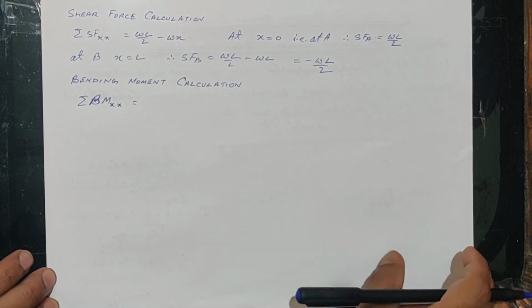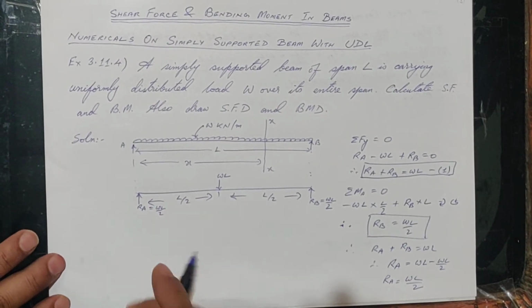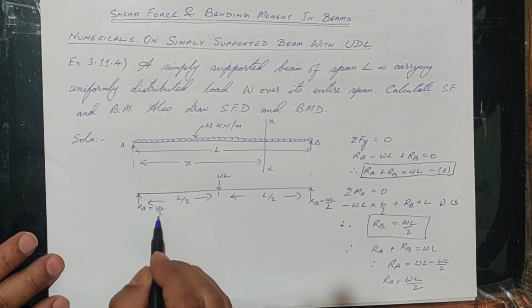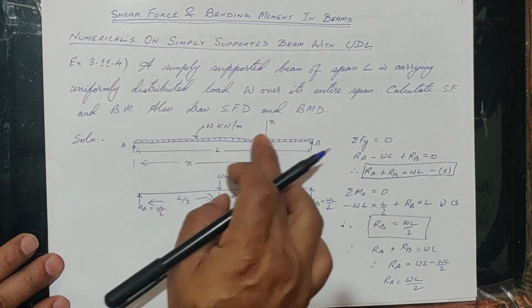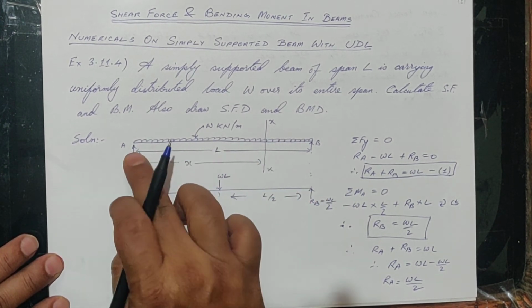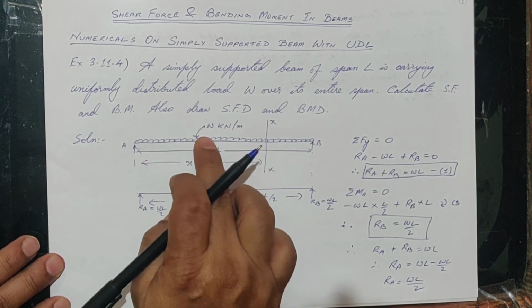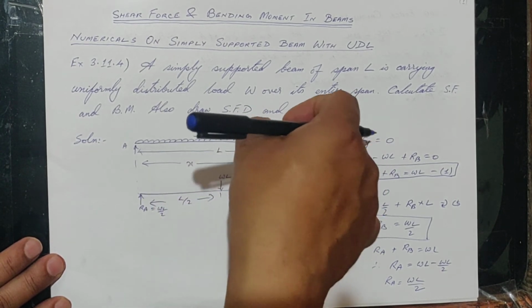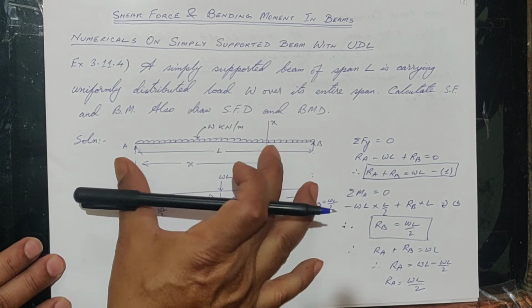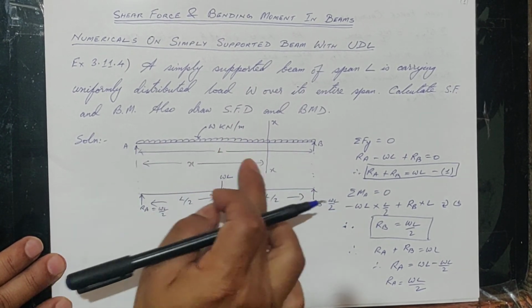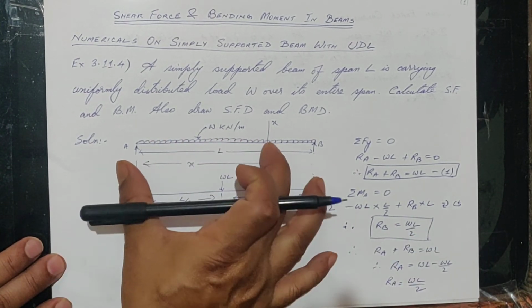For BM at XX section, what we have here is WL by 2, and this is for XX section, so that is for X distance. And for this distance, W, which is acting in the anti-clockwise direction, is W into X, this distance, multiplied by half of this distance. Half of this distance is X by 2 because it will act at the center of this section.